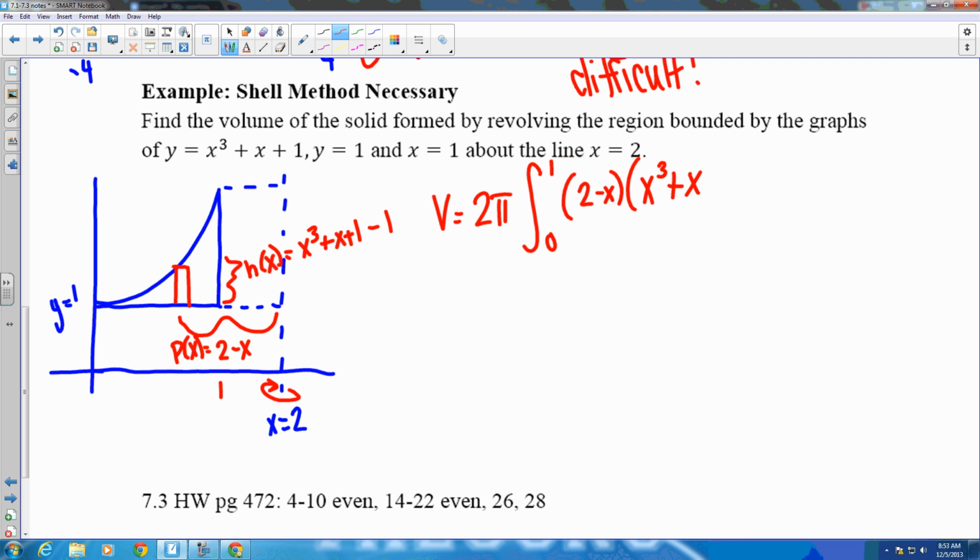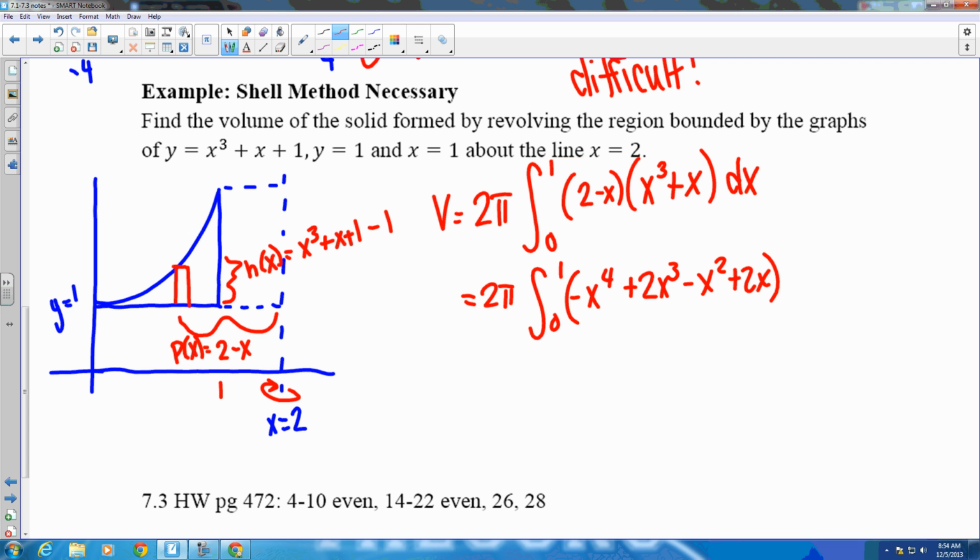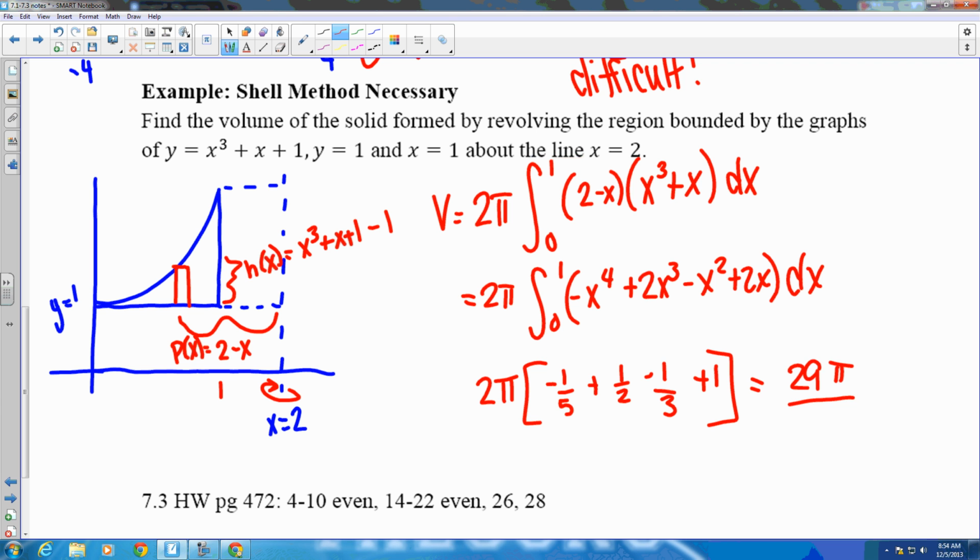Remember that the 1's would cancel there. dx. Distributing this, it would be negative x to the 4th plus 2x cubed minus x squared plus 2x dx. 2 pi times negative 1/5 plus 1/2 minus 1/3 plus 1. It's 29 pi over 15.